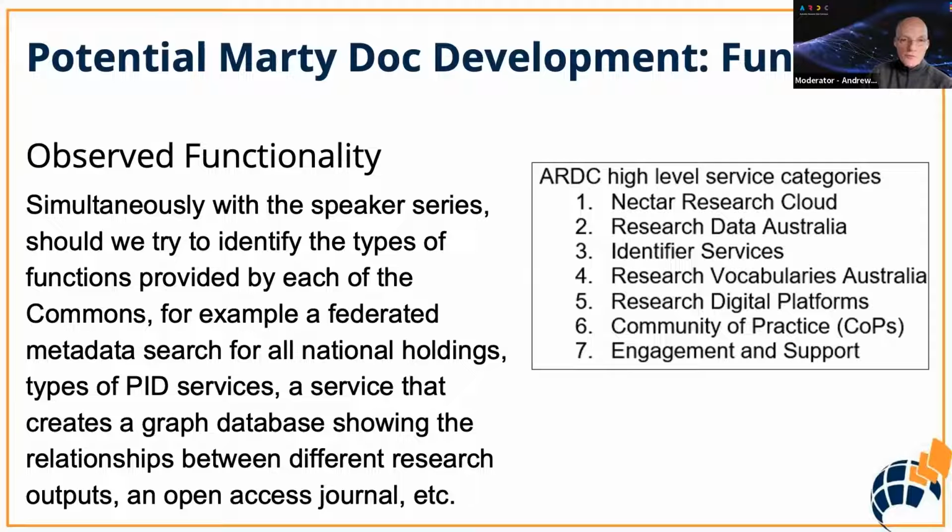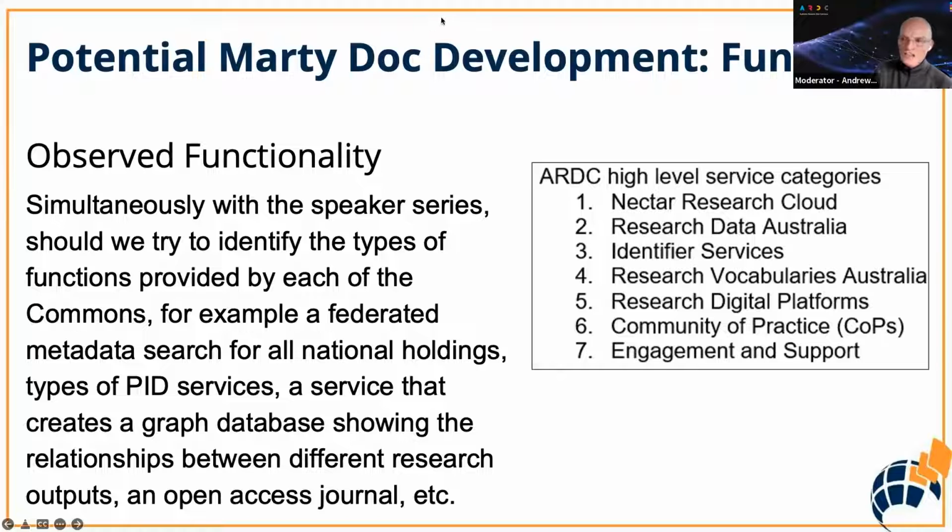And so part of what we're trying to do is identify the types of functions that each commons provides at a high level, so that we can say, all right, here are the functions that we see across every commons. Here are some that we only see across domain commons. Here are some that we only see across national commons.